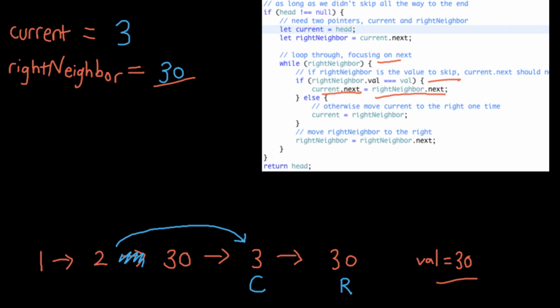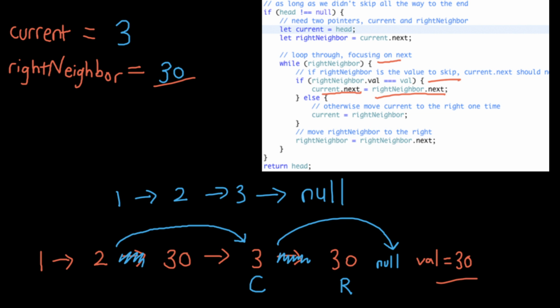So once again, current.next, instead of pointing at 30, points to right neighbor.next, which I forgot to write, but obviously this value is null. And that's going to be your solution, right? It's going to end up being 1, points to 2, points to 3, points to null. That will be your final solution.